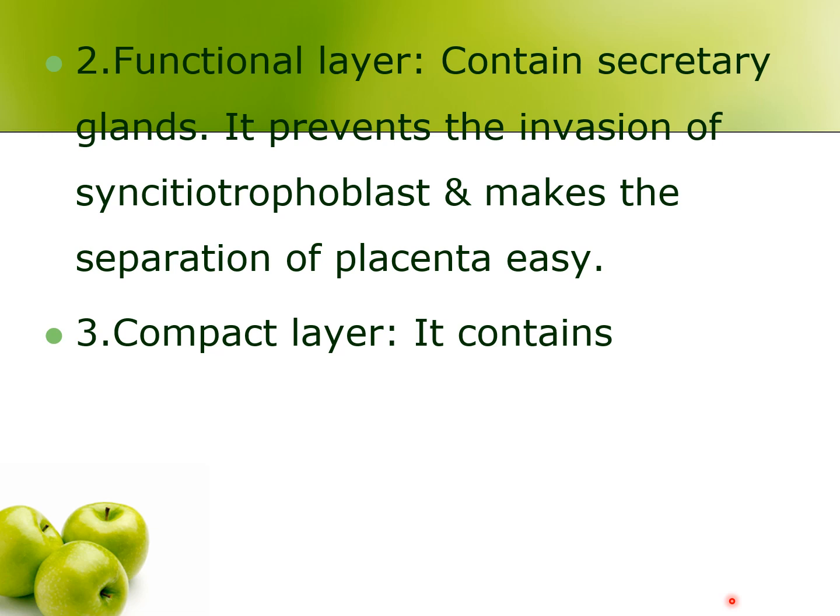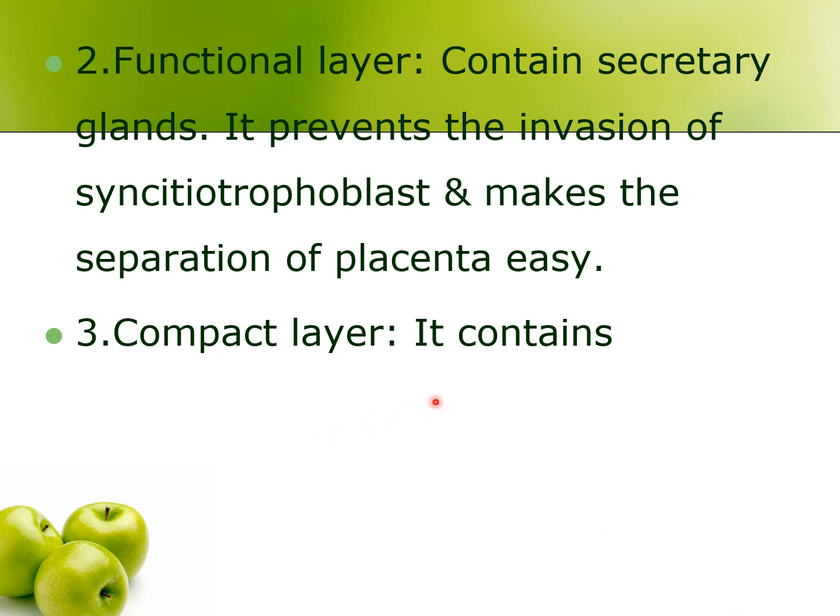So it is the responsibility of the functional layer to prevent the further invasion of the placenta into the myometrium or the deeper layers of the uterus. And if it is not growing into the deeper layers, then after the delivery of the baby, when the delivery of the placenta occurs, the separation of the placenta will be easy. And next is the compact layer.